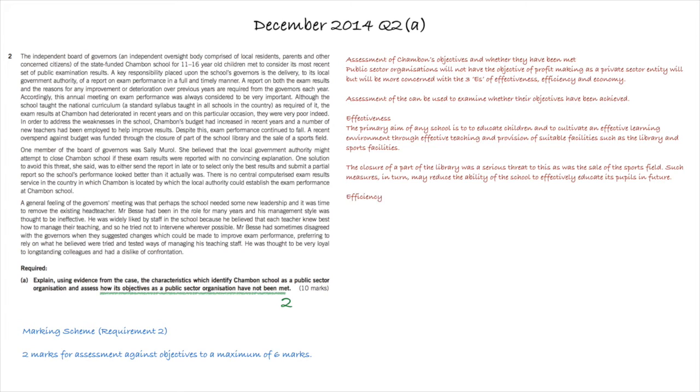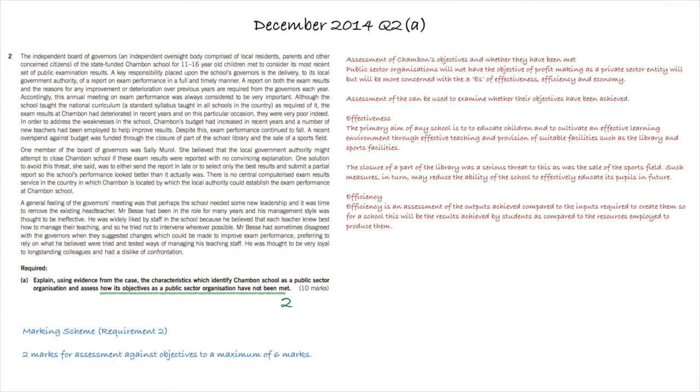The next heading will be for efficiency, which is an assessment of the outputs achieved compared to the inputs required to create them. So for a school such as this, that'll be the results achieved by students as compared to the resources we employed to produce those results.